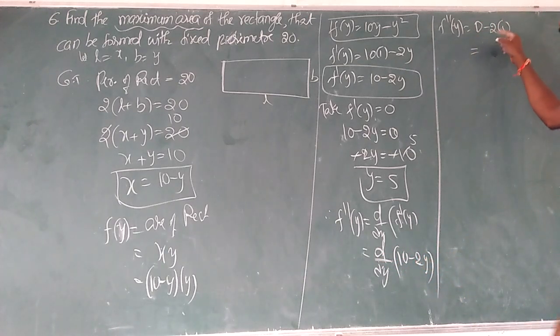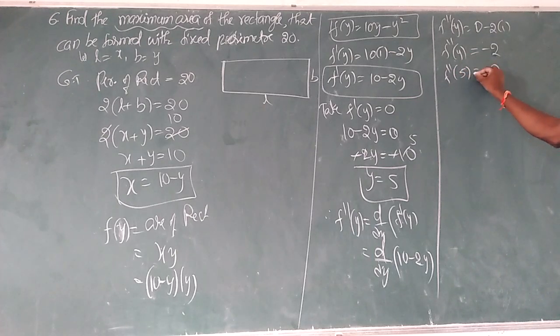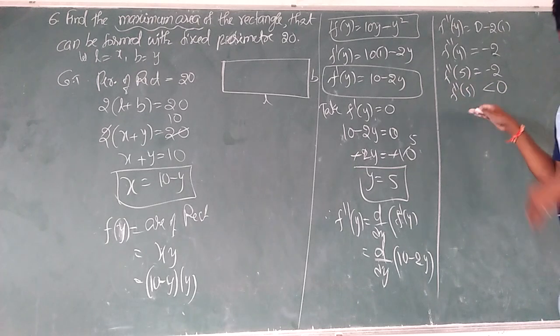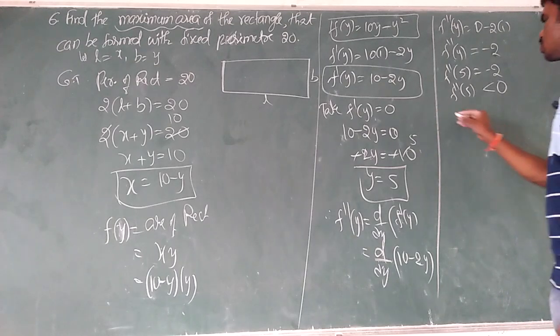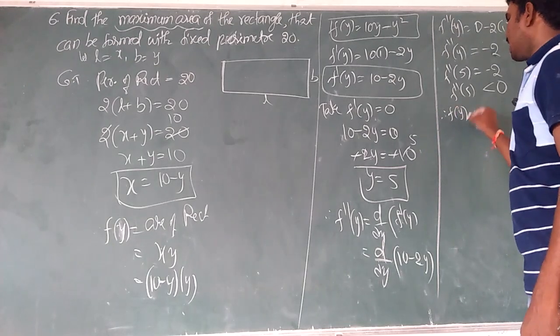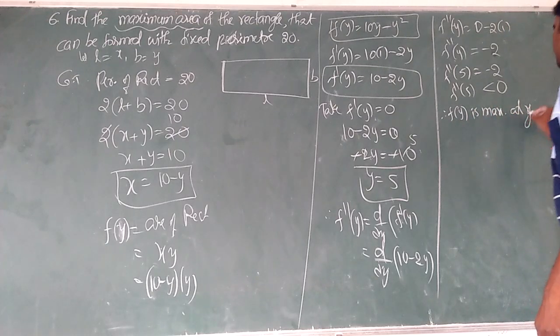So just 0 minus 2 into 1, minus 2 we are getting. So even if you substitute y value 5, the answer is minus 2. Is it less than 0? Yes, it is less than 0. Whenever it is less than 0, it has a maximum according to the principle. So therefore, f of y is maximum at y equal to 5.